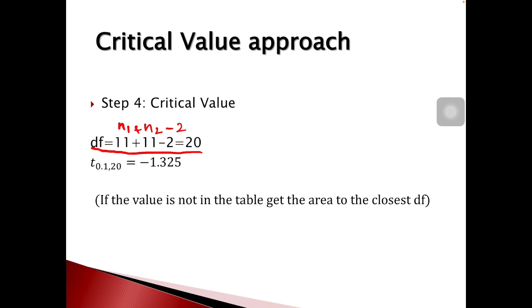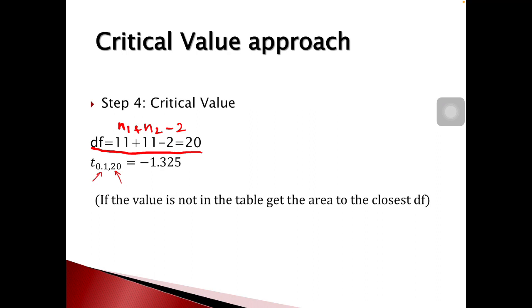So here you have your alpha and your degree of freedom, 20. Since you have both values, you can go to the T table and find the particular value.